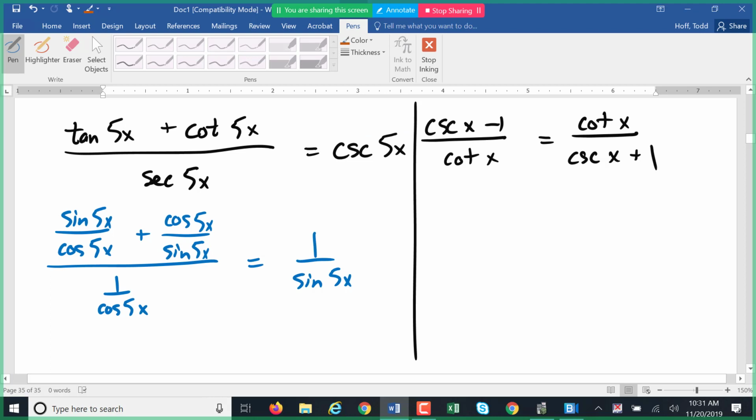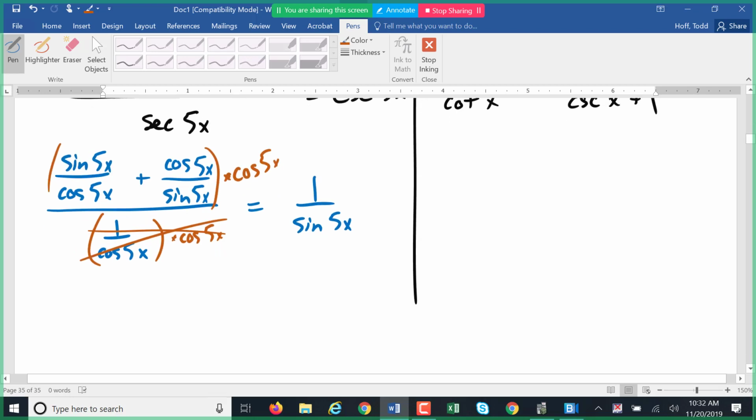Now, I am going to multiply both of these, top and bottom, by cosine of 5x. On bottom, 1 over cosine of 5x times cosine of 5x cancels out and gives me just 1. So my denominator is gone.